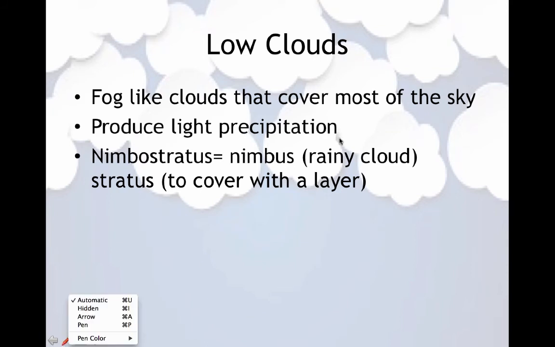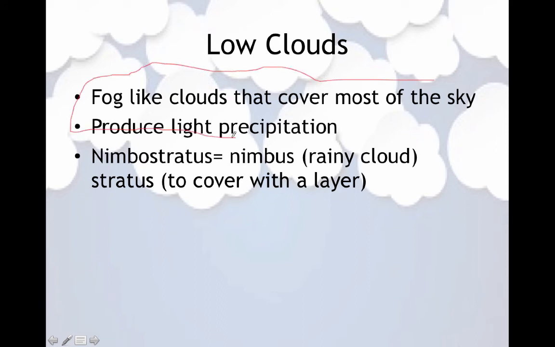These two right here, fog-like clouds that cover most of the sky and produce light precipitation, are going to refer to our stratus clouds. So our stratus clouds are fog-like, they're not very dense, they're very low, they cover most of the sky, and they're going to produce light precipitation.